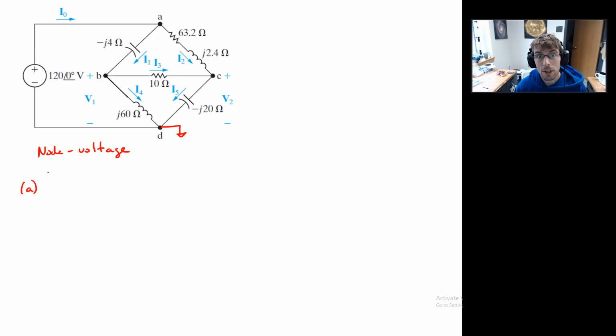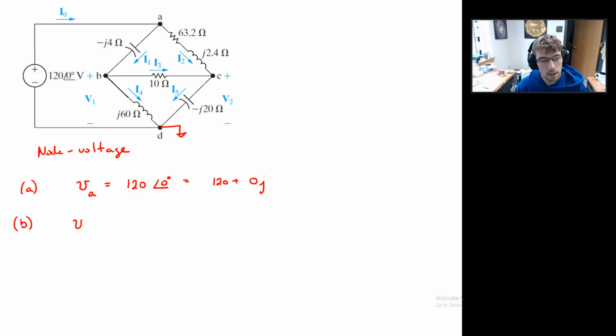So for node A, we see immediately that the potential at A is going to be equal to the potential jump across the source. So I can just immediately go like this, or if you prefer in Cartesian coordinates, just 120 plus 0j. And B, again, let's play our old song and dance.